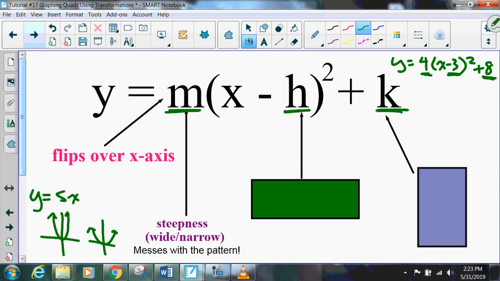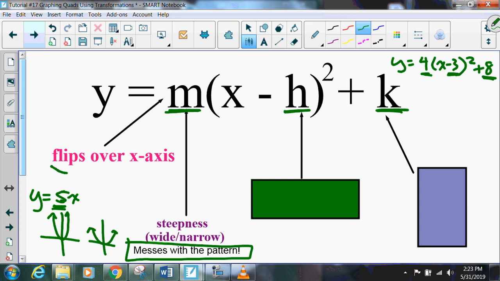Our parent function is nice and wider, and y equals 5x squared is steeper. That's because the slope, the rate of change for a quadratic, messes with the pattern. It multiplies our pattern of over 1, up 1. Instead of going over 1, up 1, we go over 1, up 1 times 5. So it stretches the quadratic up higher.